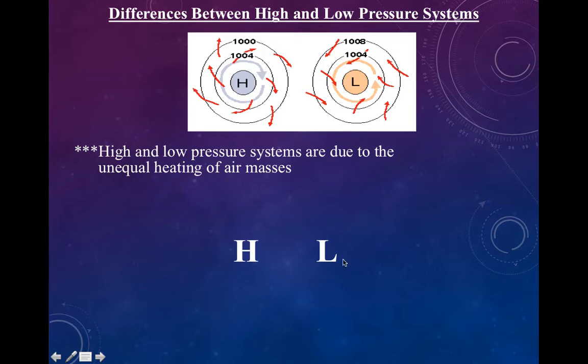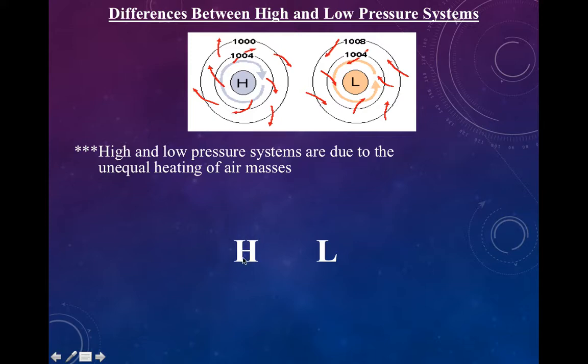And if you're standing at the ground, let's say the bottom of this L is the ground, the air, if it's warm, would be rising, putting less pressure on you, low pressure. If an area is not getting heated as much, it's cold air. Cold air is more dense. So again, if you're down at the bottom here and you have cold air, more dense air would be pushing down on you. That is high pressure.